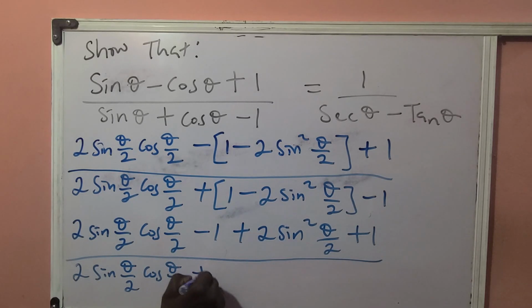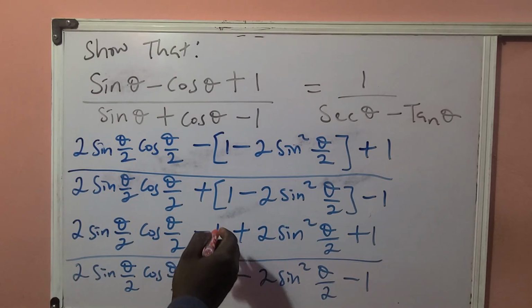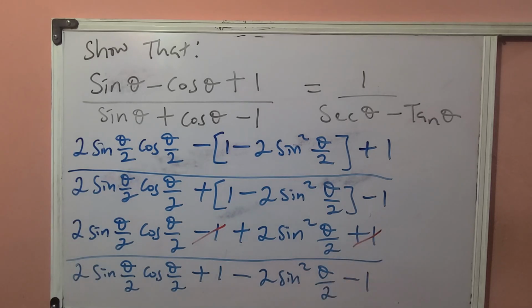In this case, this is plus 1 minus 2 sine square theta over 2 minus 1. Looking at what we have here, I'm sure you agree with me that this minus 1 here will cancel this 1 here, and this plus 1 here will cancel what we have here. So we are able to get a more simplified version of this function.